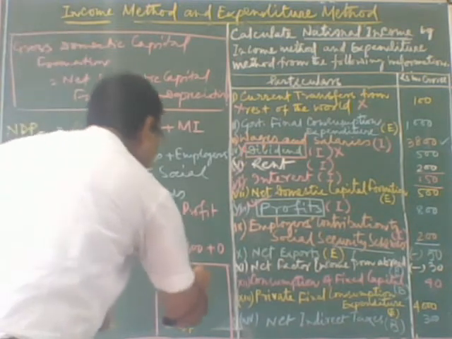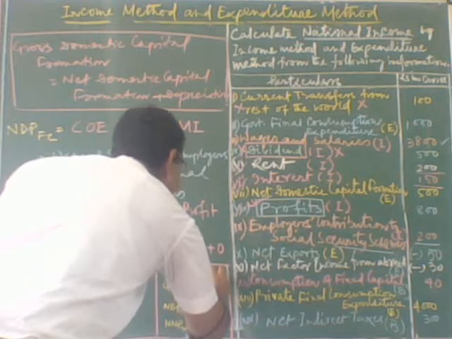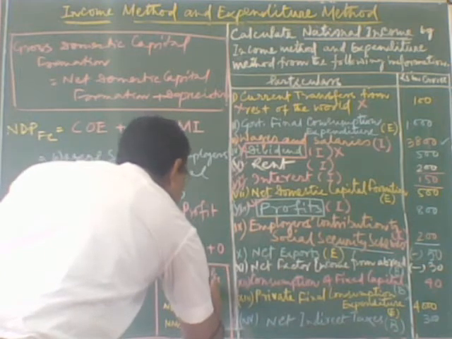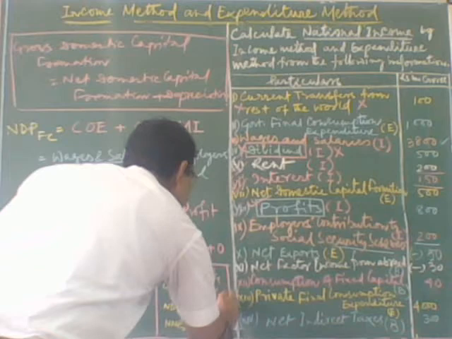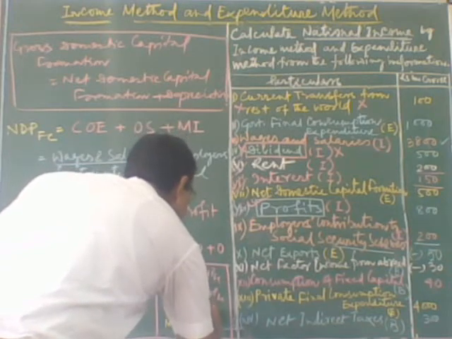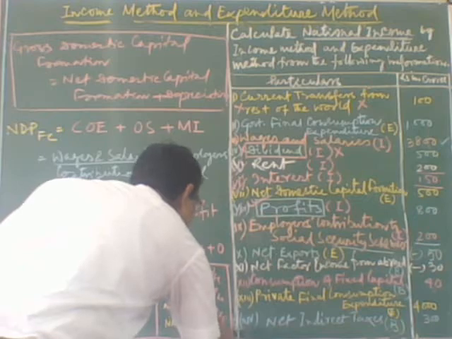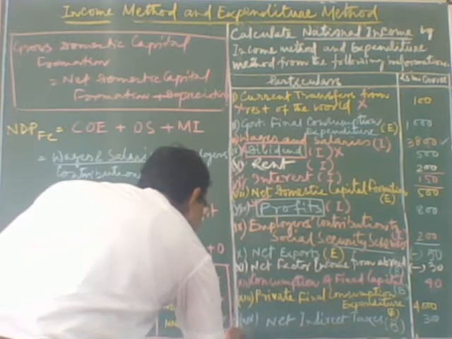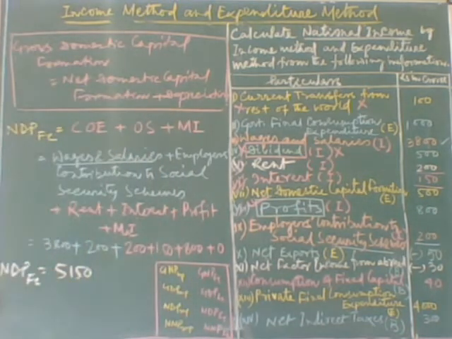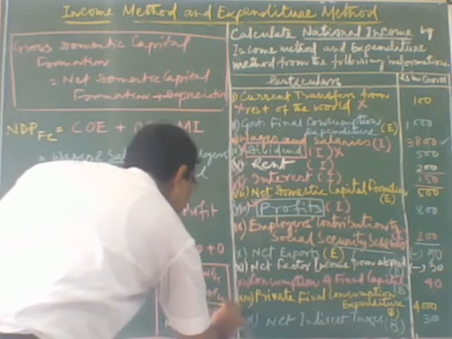Here also you have to write GNP factor cost, GDP factor cost, NDP factor cost, NNP factor cost. Already you have got the value of NDP factor cost.